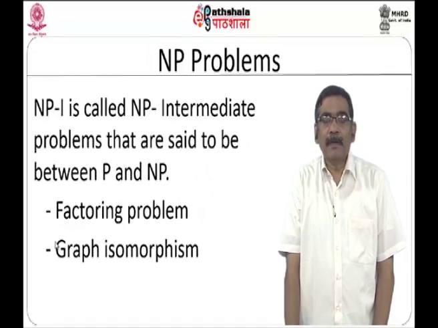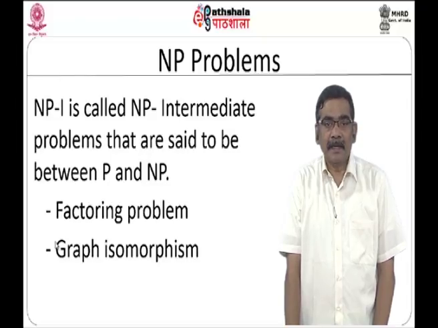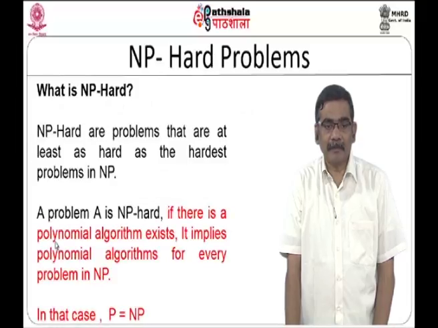And you have one more category called NPI, or NP-intermediate problems, that are said to exist between P and NP, and NPI consists of problems like factoring and graph isomorphism.